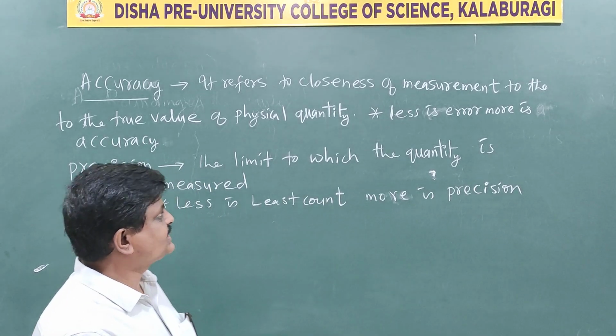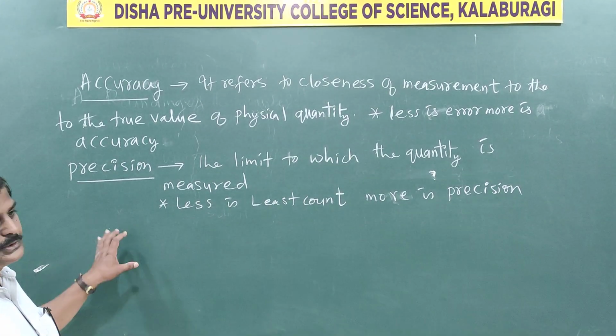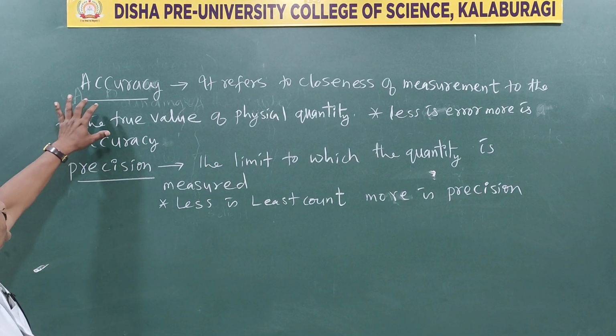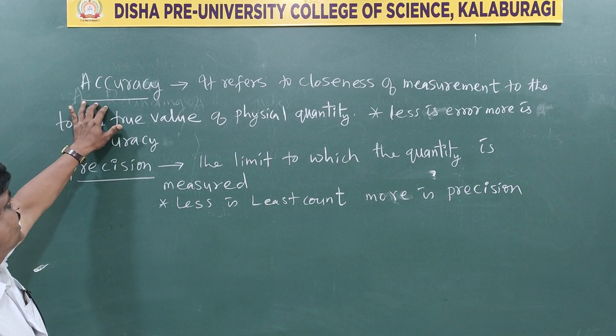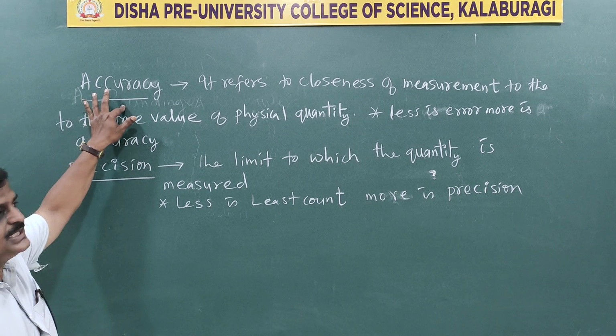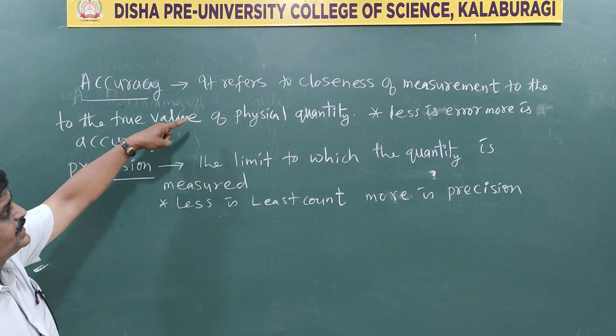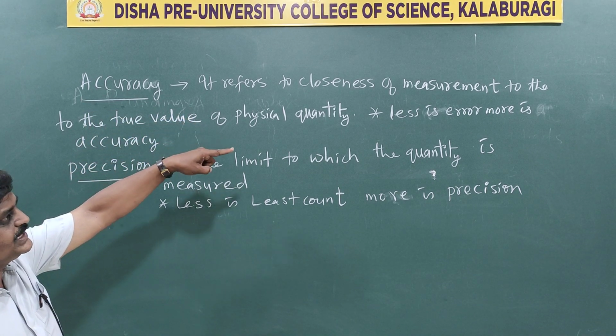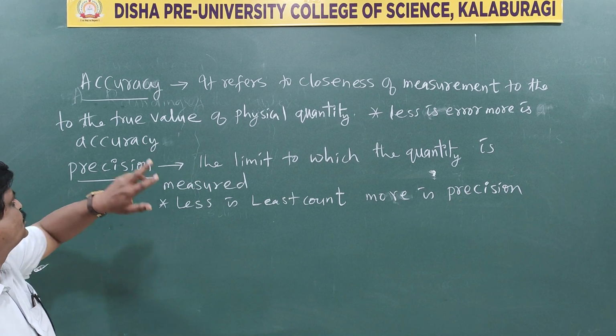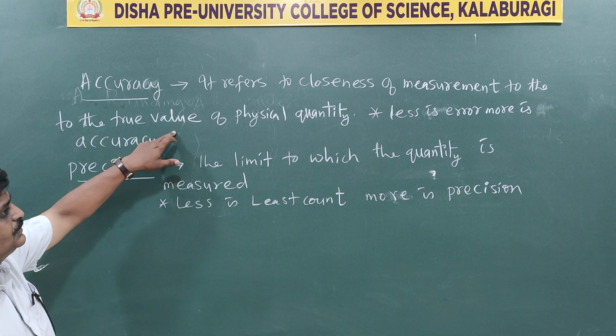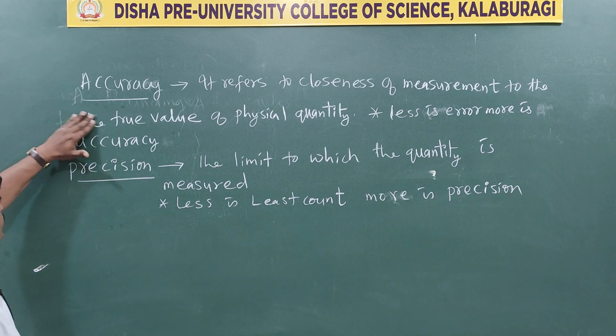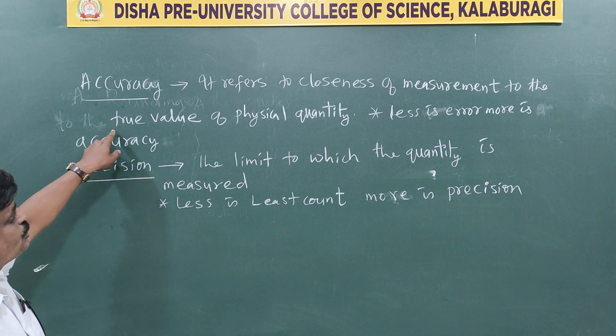Okay students, the next article is related to instruments, that is accuracy. What does the term accuracy stand for? It refers to the closeness of measurement to the true value.